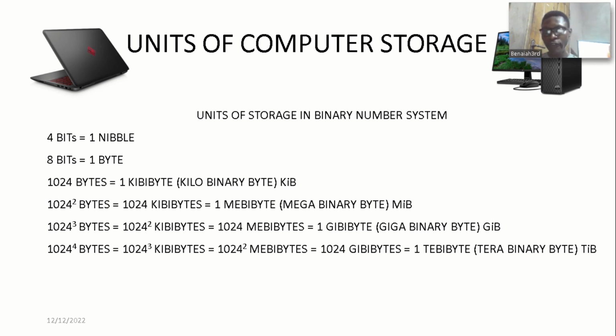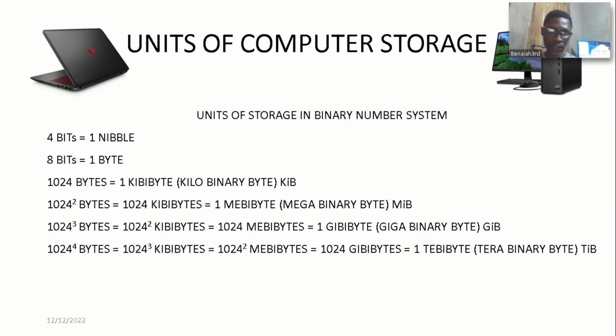Then 1024 squared bytes is equal to 1024 kibibytes, which is equal to 1 mebibyte or mega binary byte. Then we have 1000 raised to power 3 bytes, which is 1024 raised to power 3 bytes, which is equal to 1024 raised to power 2 kibibytes, and equal to 1024 mebibytes, which is also equal to 1 gibibyte or giga binary byte.